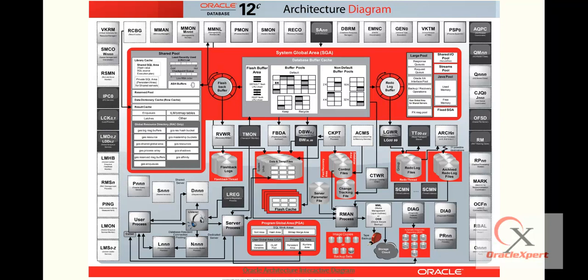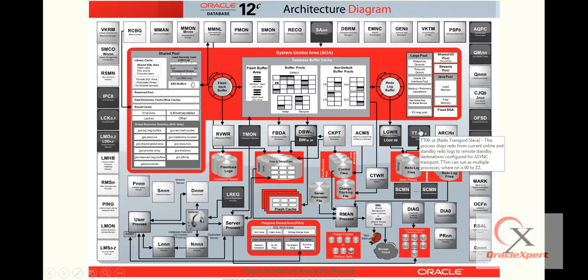ARCN, for the archiver process. ARCN process exists only when you configure the database in archive log mode and automatic archiving is enabled, in which case the ARCN automatically archives online redo log files.